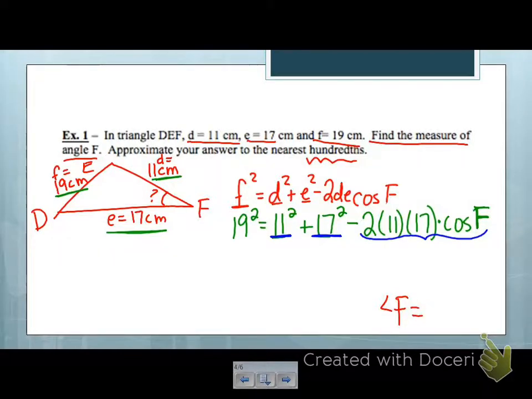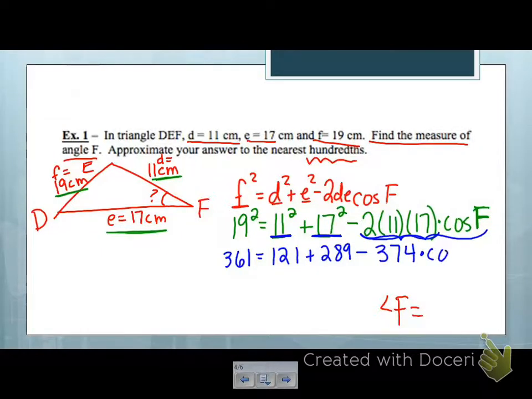So 19 squared should be 361. 11 squared is 121. 17 squared is 289. And then what we're going to do is simplify the last term. So we're simply working with the product of 2 times 11 times 17. Well, the product of 2, 11, and 17 is 374.